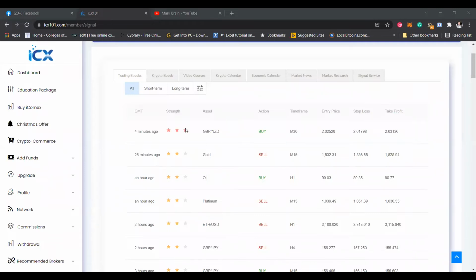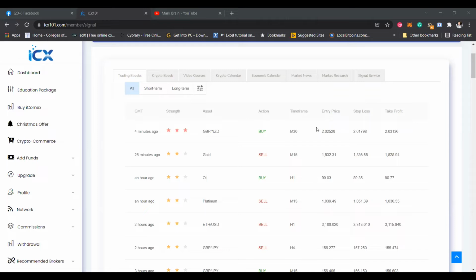For example, 4 minutes ago, they gave a signal: Great British pound and New Zealand dollar. And what they ask you to do is to buy. The reason they give that buy is based on the 30-minute time frame.